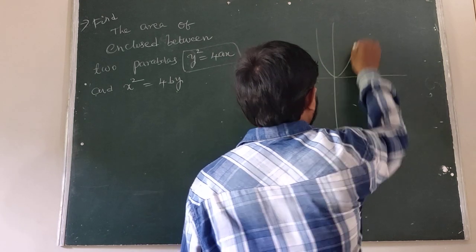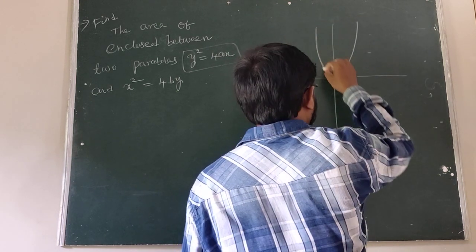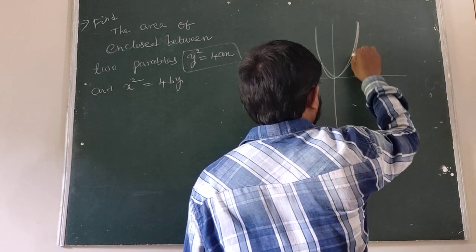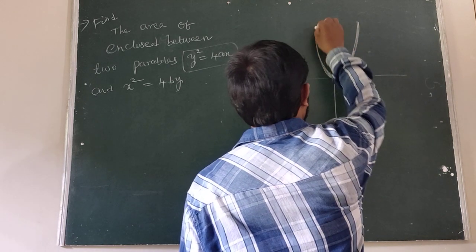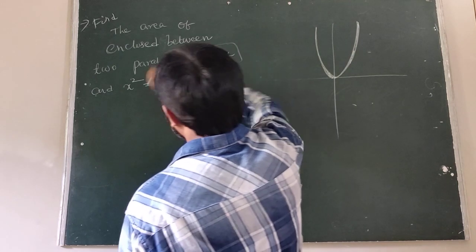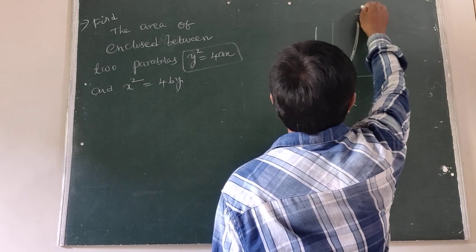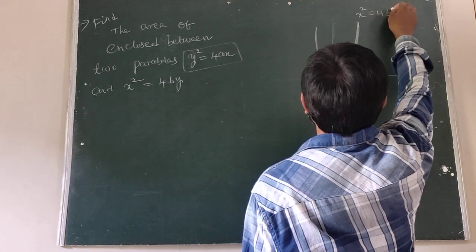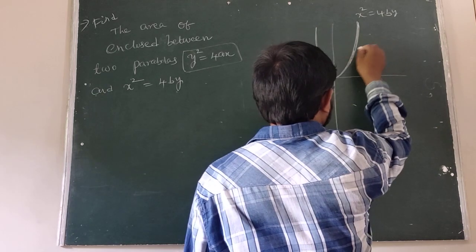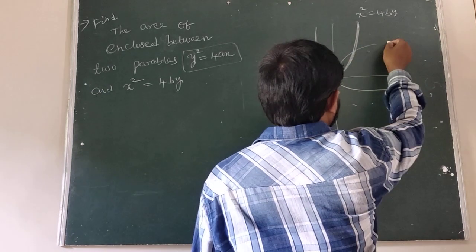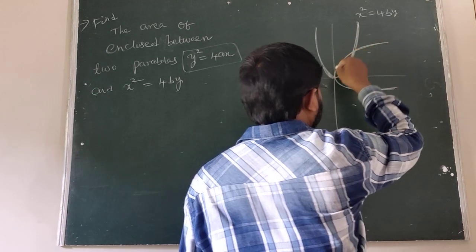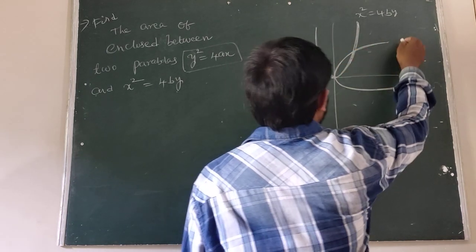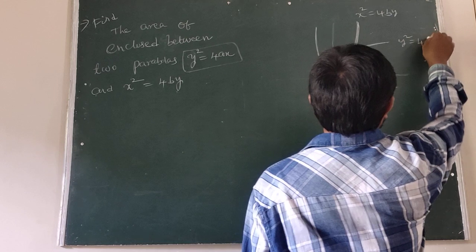This is the graph of x square equal to 4by. This is the graph, we already know that. This is y square equal to 4ax.